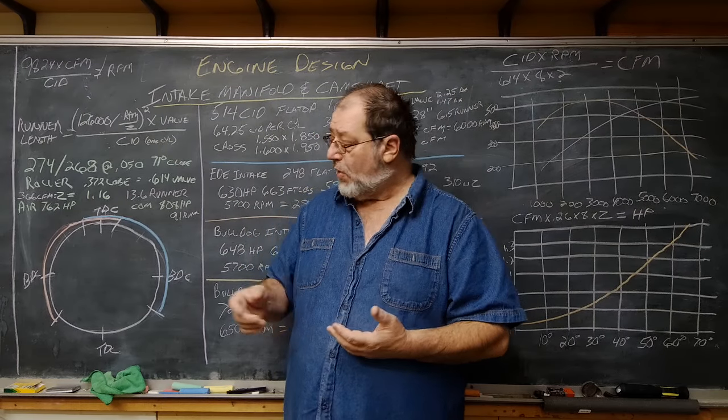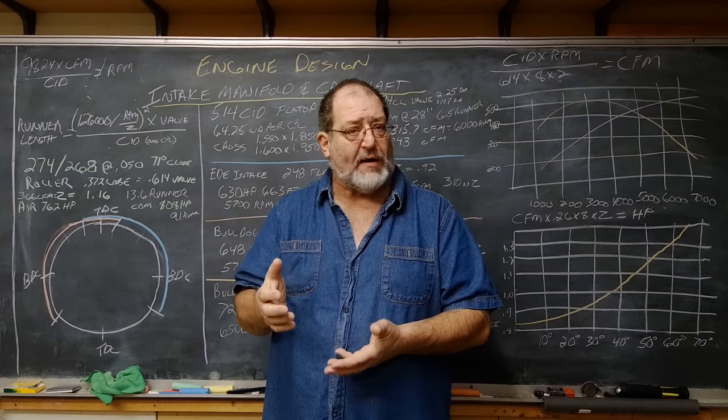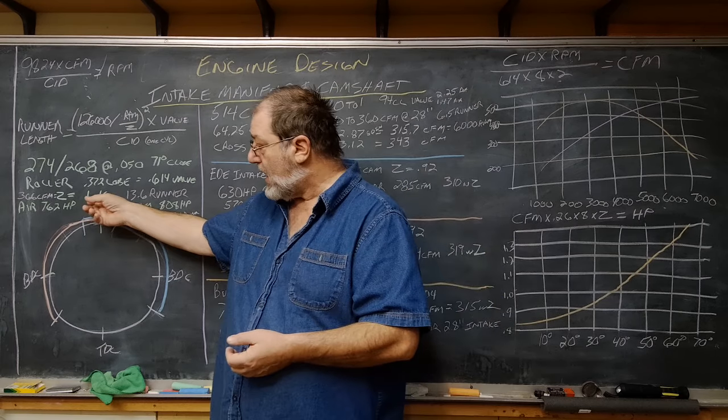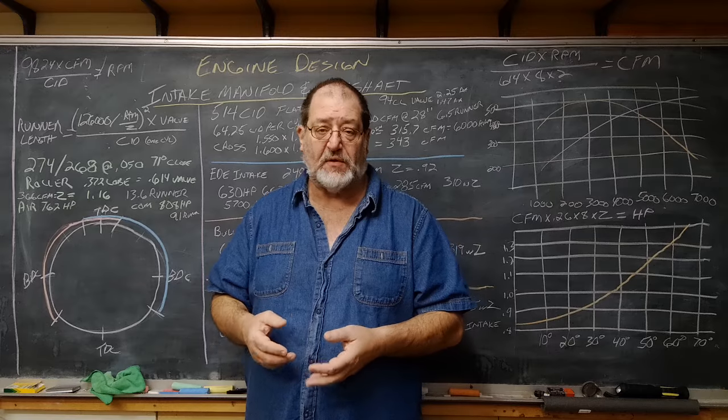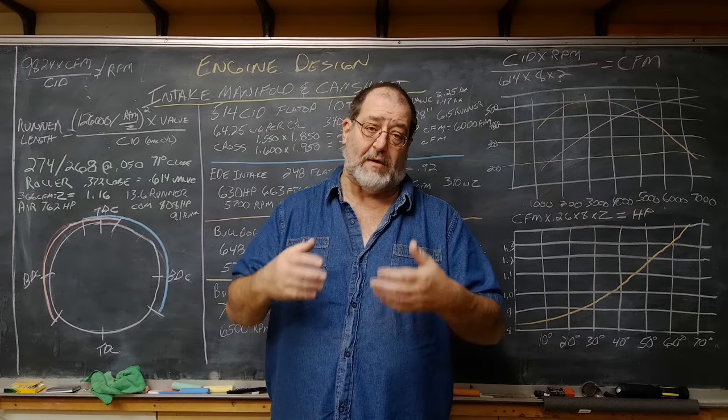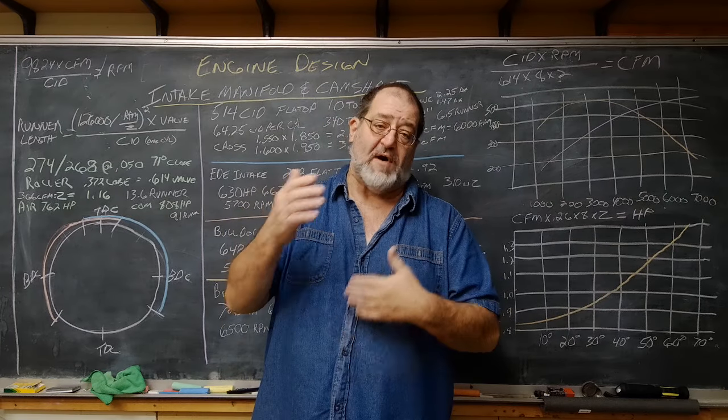So with a 1.16, that means I'm trying to fill the cylinder 16% past full. Volumetric efficiency of 116% or about there. And that's where I should be sitting. Now, the Z also affects the flow number because we're talking about the volume of air and the time.